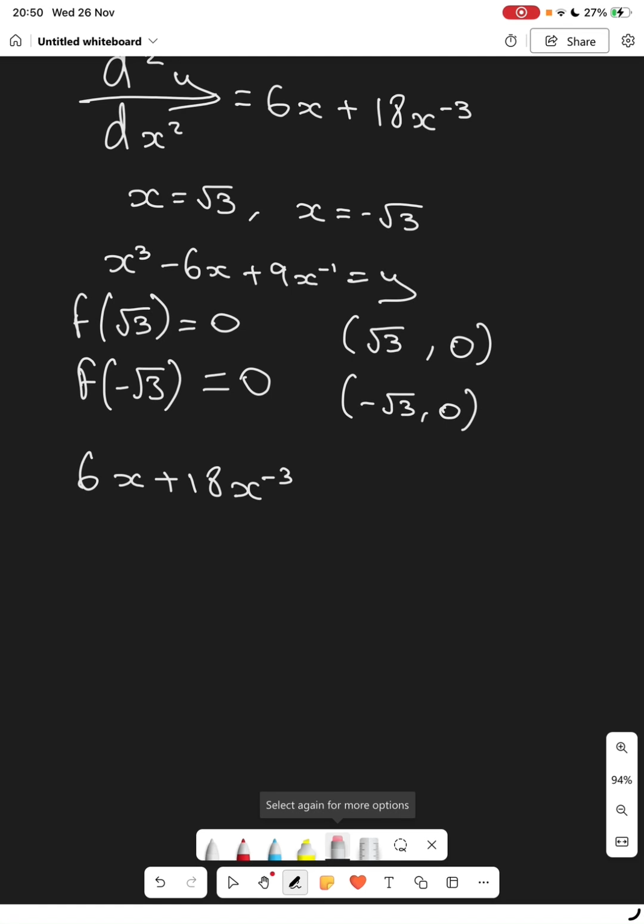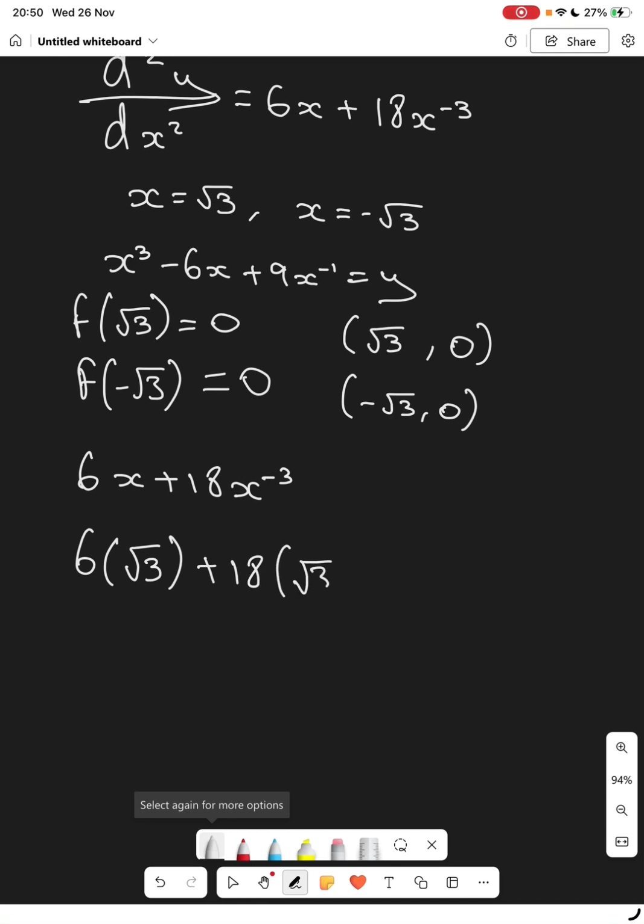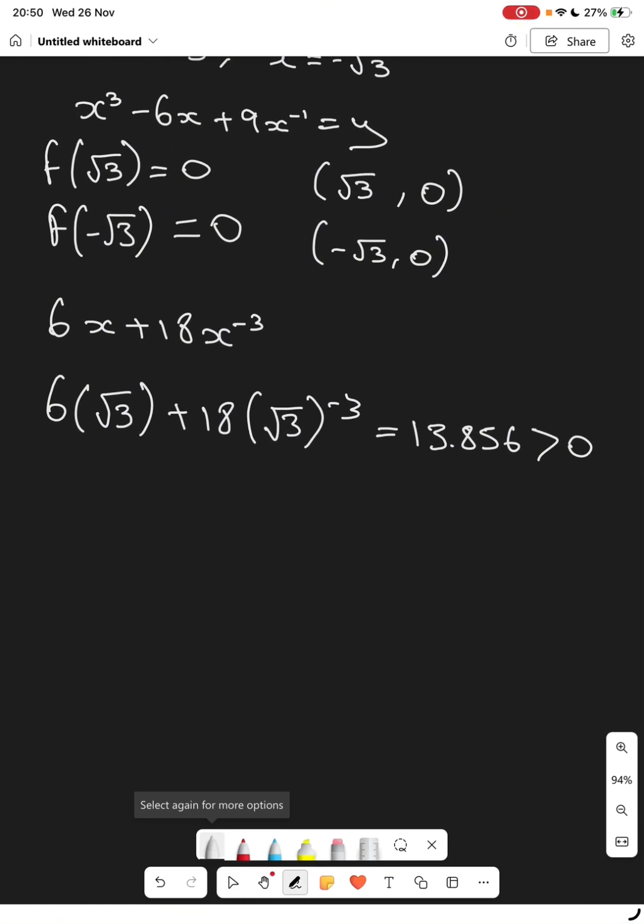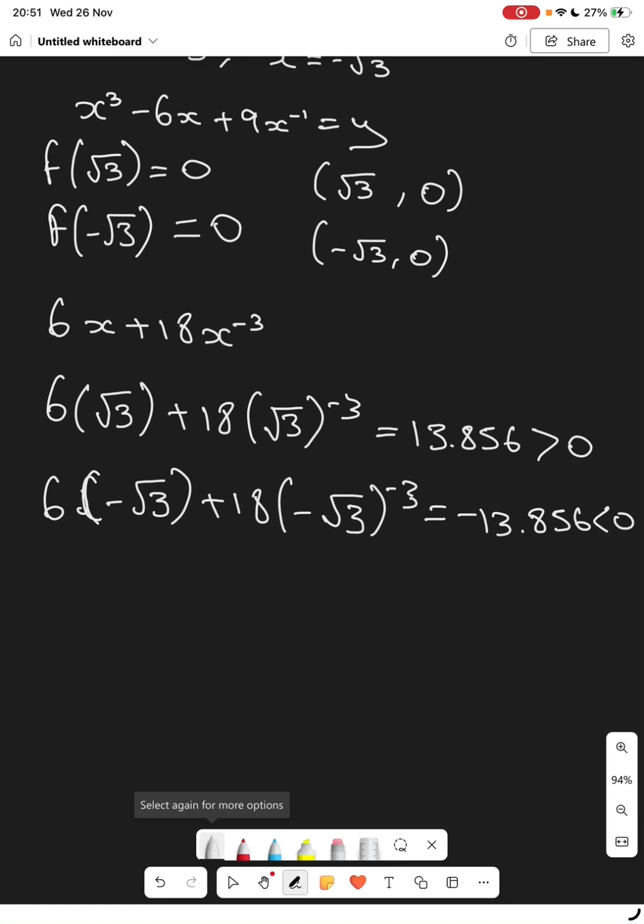So 6 root 3 plus 18 root 3 to the negative 3 equals 13.856, which is greater than 0, and this equals negative 13.856, which is less than 0.